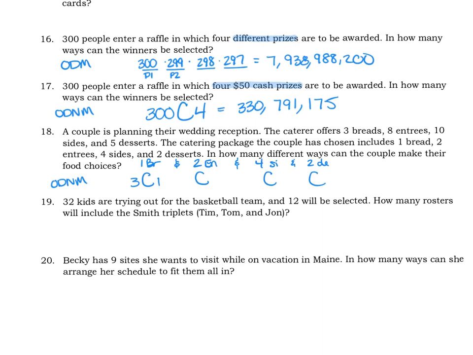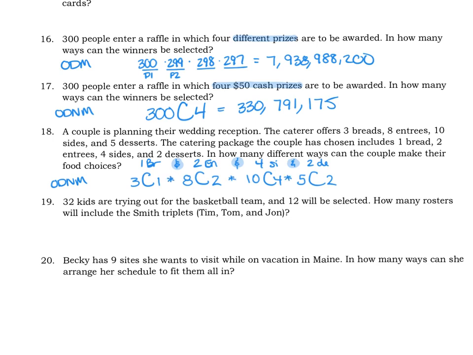We're choosing 1. When it comes to the entrees, there are 8 entrees available. We are choosing 2. For the sides, there are 10 different sides. We're selecting 4 of them. And there are 5 desserts available. We're picking 2.